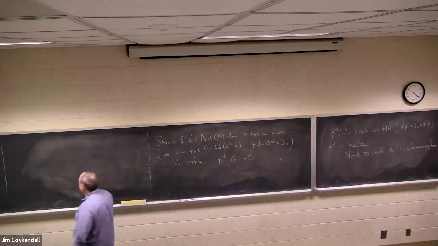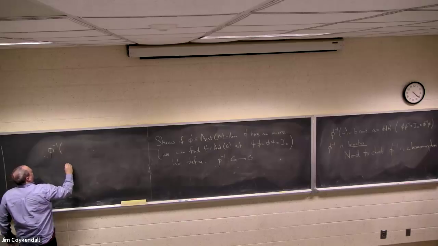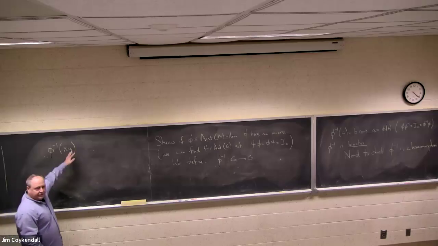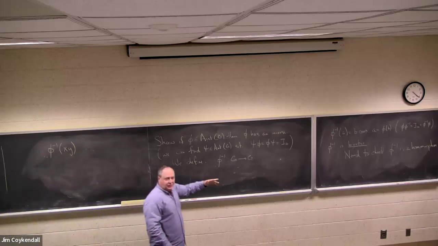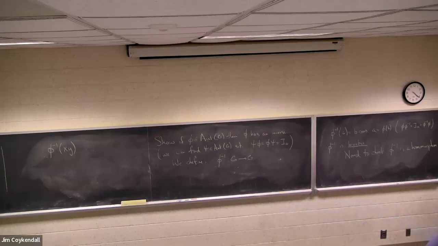Well, let's look at X, Y. Here, all my little English letters will be elements of the group G. If this is a homomorphism, I need to show that phi inverse of XY is phi inverse X times phi inverse Y. But how am I going to do that?